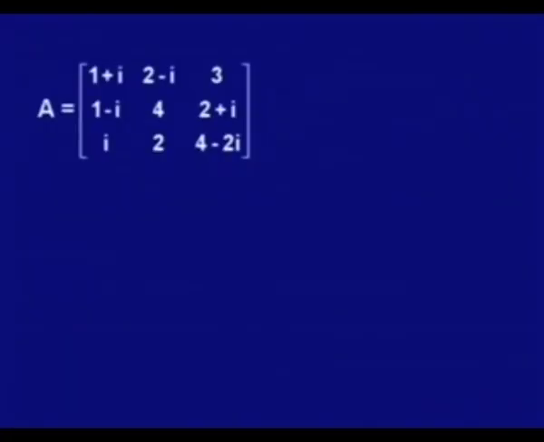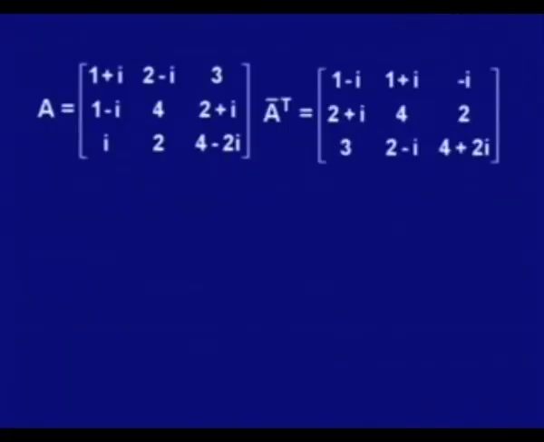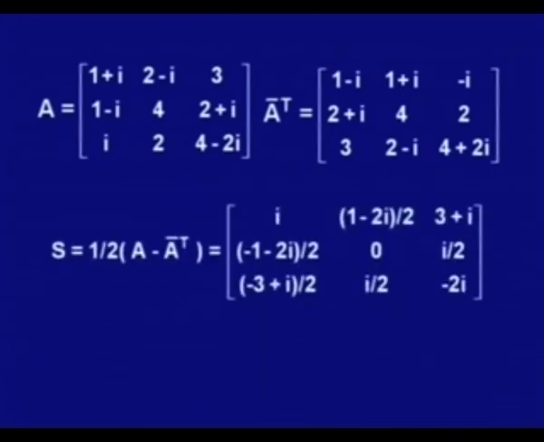So, with the given matrix A, bar transpose is computed as this. Then the matrix S, which is half of A minus A bar transpose, is computed from these two matrices. So, we have 1 plus I and 1 minus I. So, it is subtraction.